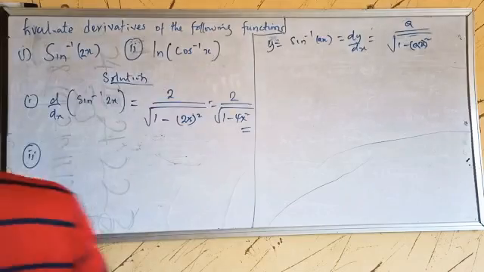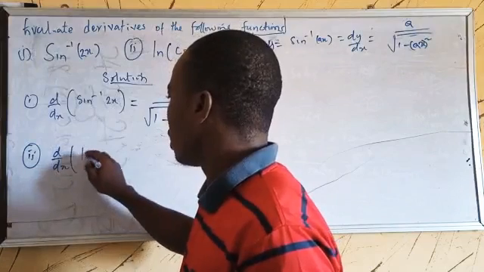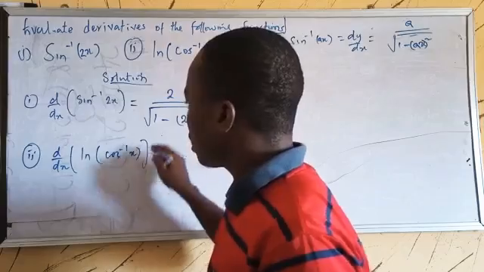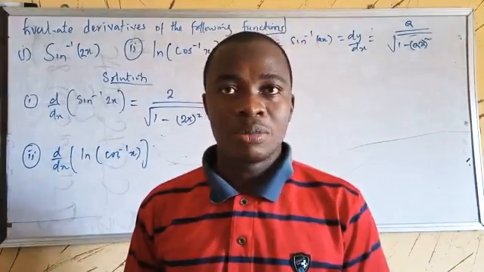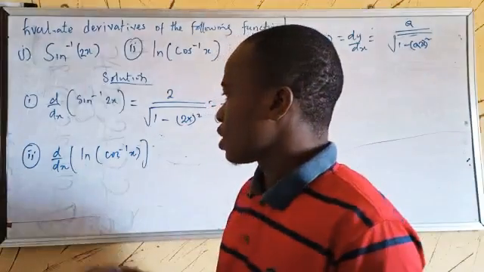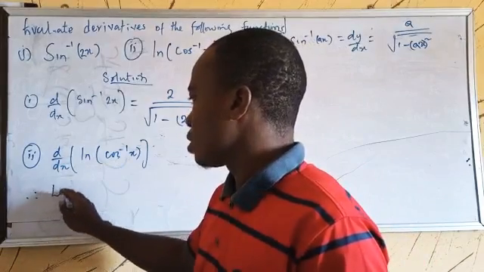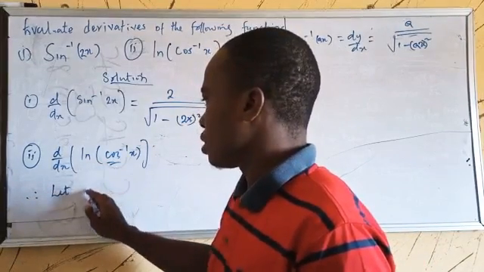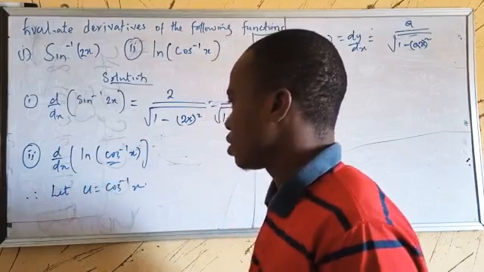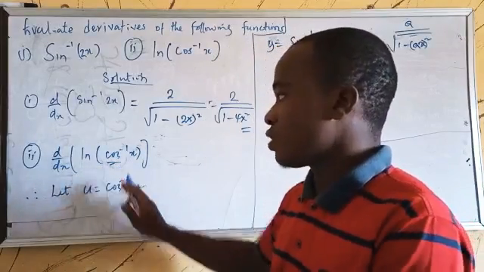So let's say from this one you have to find the dy/dx of ln of cos inverse of x. Here this one is taking another dimension, with a very little difference. You understand? So we can see that we have ln of this. From here, let u be cos inverse of x, because we want to use function of a function, because we have ln and we have another function entirely.